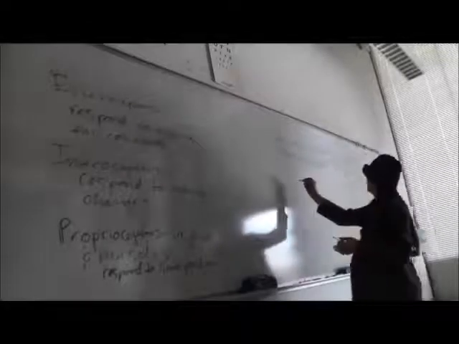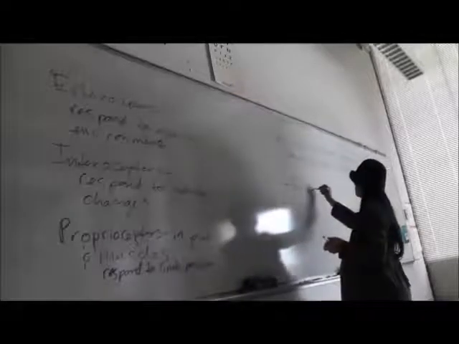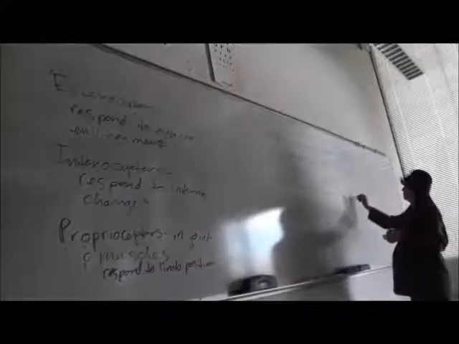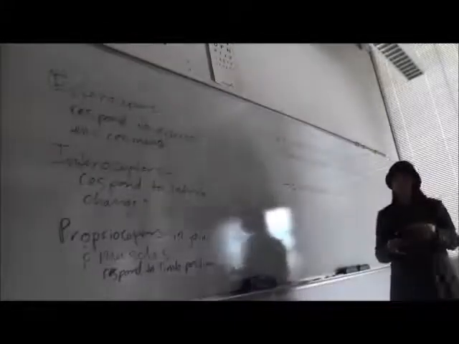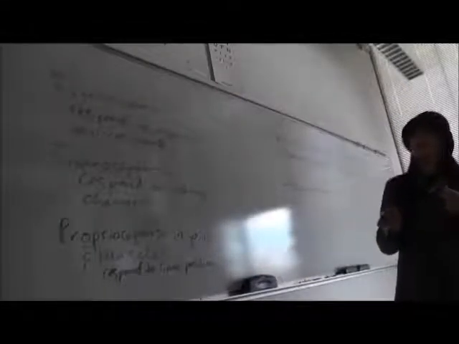Then we have encapsulated receptors, and our encapsulated receptors have some kind of connective tissue covering on the ends of them. So there are lots of different types of encapsulated receptors.